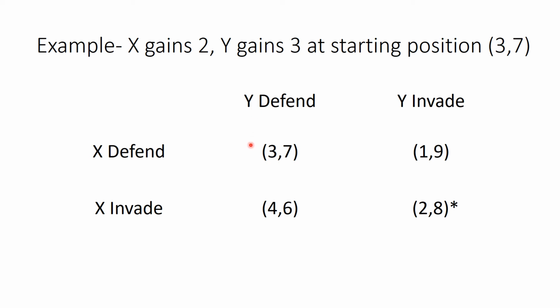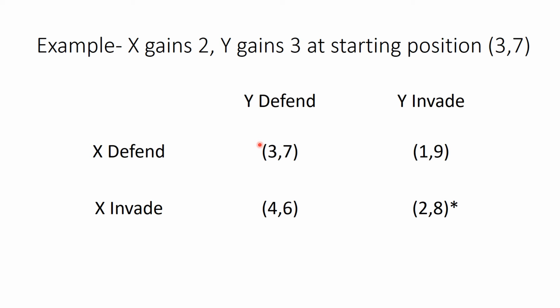But Y is also defending, so we take 1 from X and take it over to Y. 4 minus 1 will give you 3, 6 plus 1 will give you 7. So we can say every time we say a starting position, we're always referring to this defend cell.